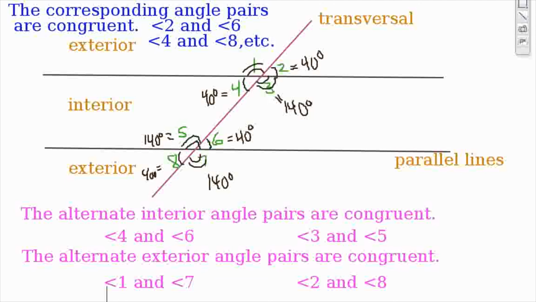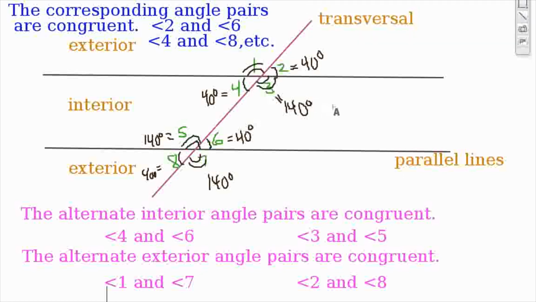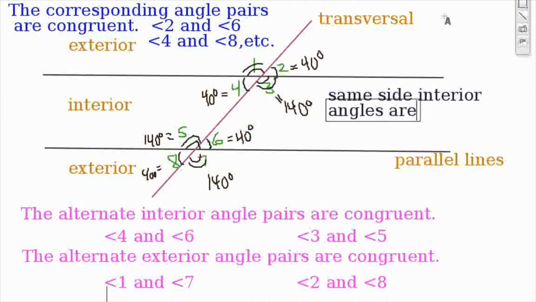All right. I don't have a good name for 3 and 6, so for the sake of giving it some kind of name, we'll call them same side interior. So how about if we say the same side interior angles are supplementary, right?